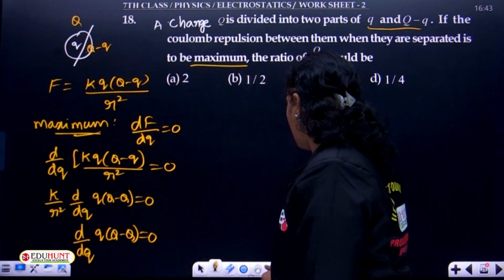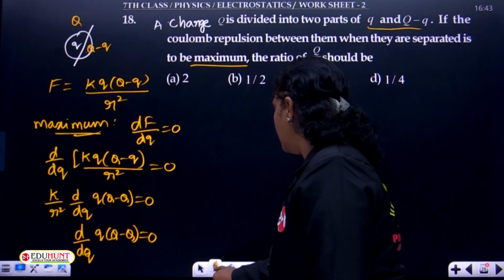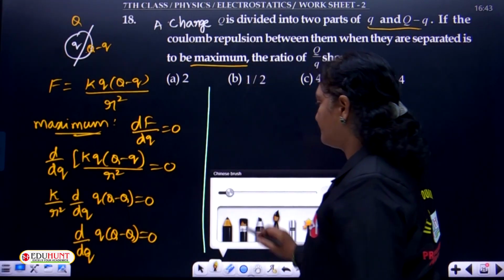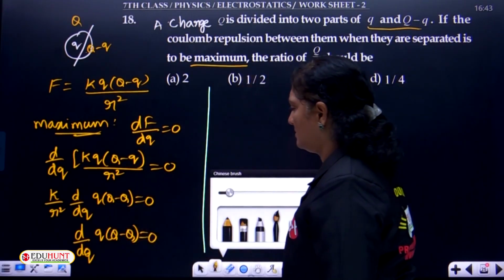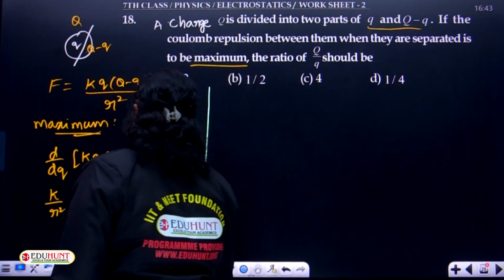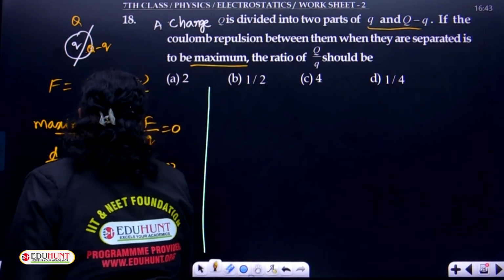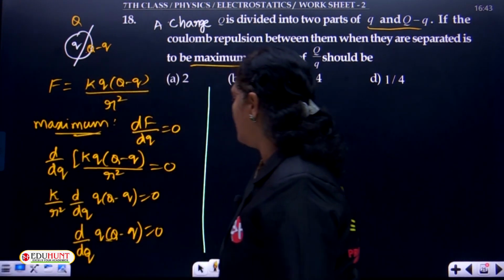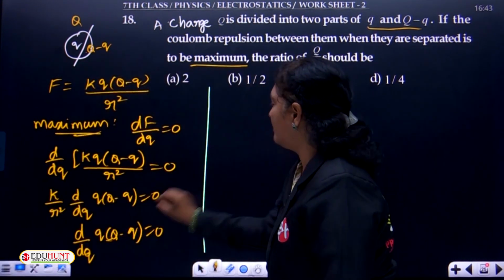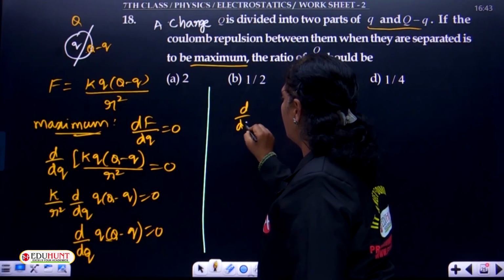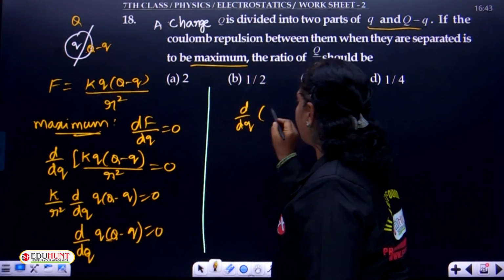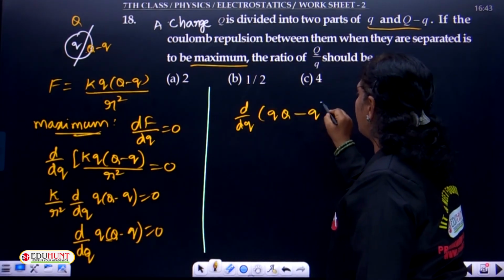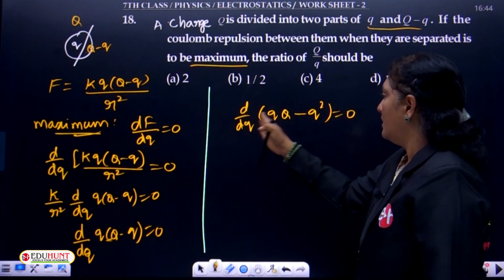So in order to find out this, let us equate the same. Multiplying q with this, we have a derivative of small q into capital Q is small q capital Q minus small q into small q is small q square equals to 0.